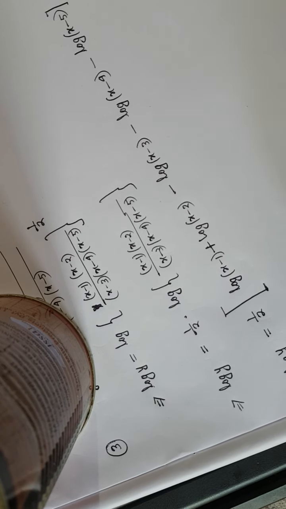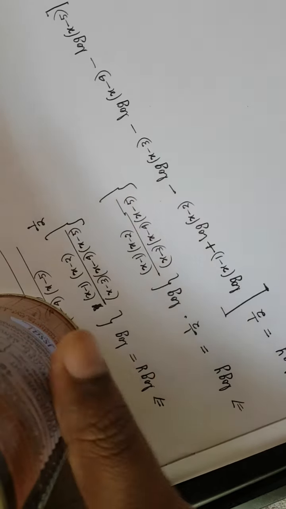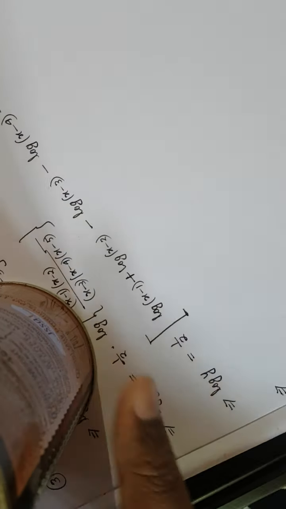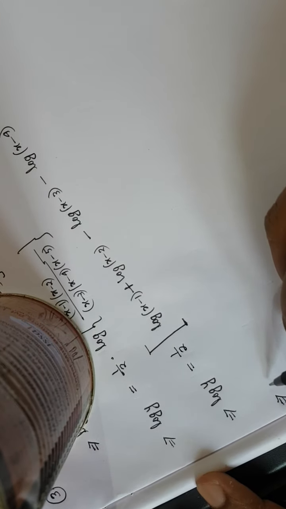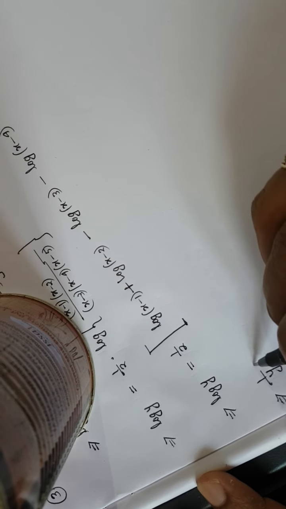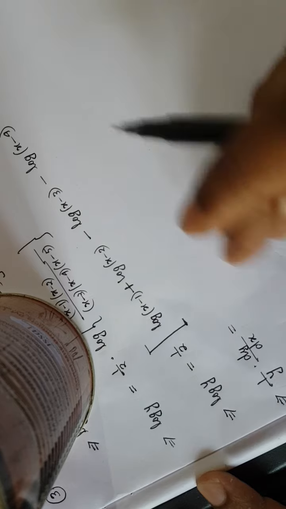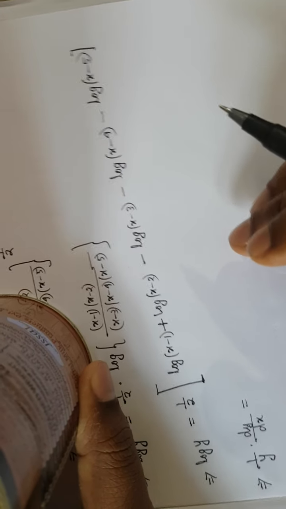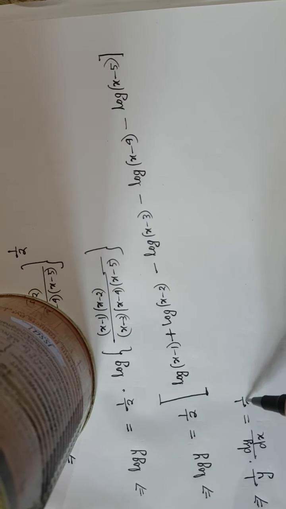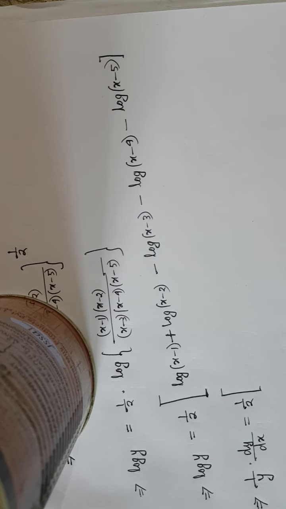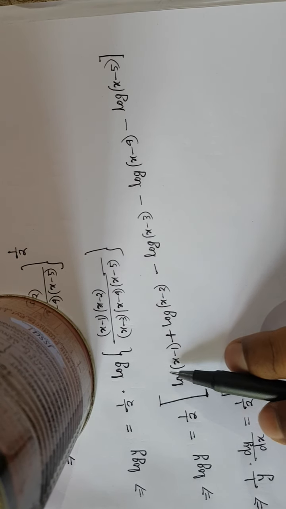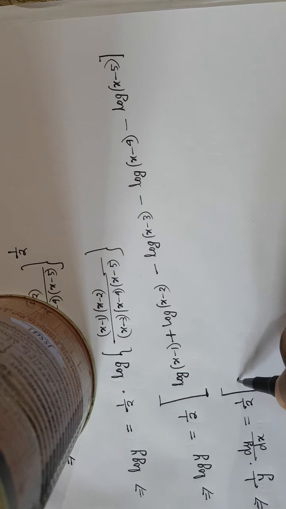If you differentiate with respect to x, you'll get, for log y it is 1 by y and for y it is dy by dx. Half is a multiplication constant. Log of x minus 1, for log of x the derivative is 1 by x.